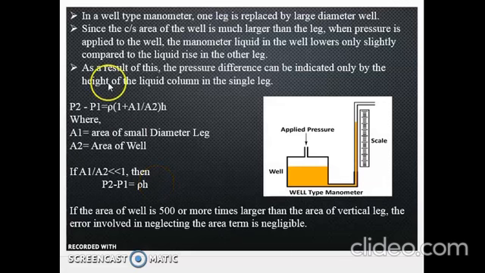The next type of manometer is the well type manometer. In a well type manometer, one leg of the U-tube manometer is replaced by a large diameter well. Since the cross section area of the well is much larger than the leg, when pressure is applied to the well, the manometric liquid in the well lowers only slightly compared to the liquid rise in the other leg.